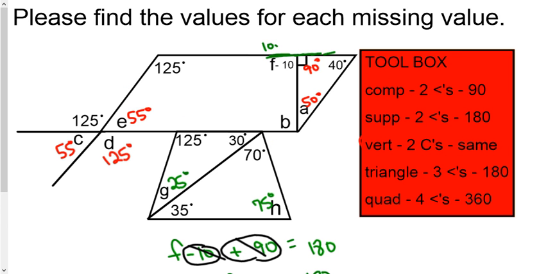So F is 100. However, this angle right here, 100 minus 10, is 90. So the angle is 90, but if you're putting in the answer for me, it's wanting just F, and that would be 100. Okay, and now that we've done that, let's take a look at this. We've got 55, 125, and 90. So we're just going to add them up.